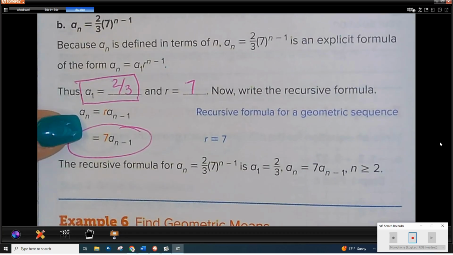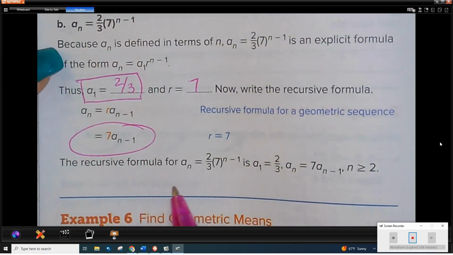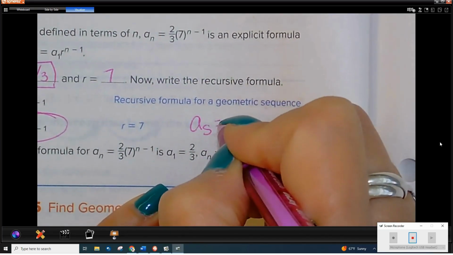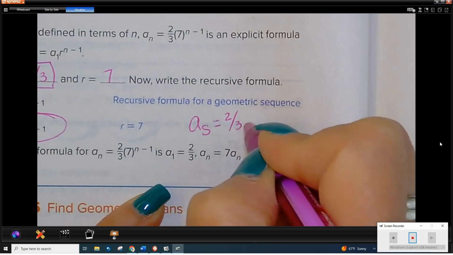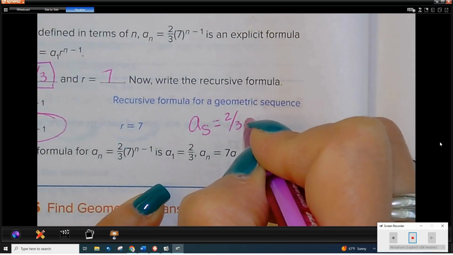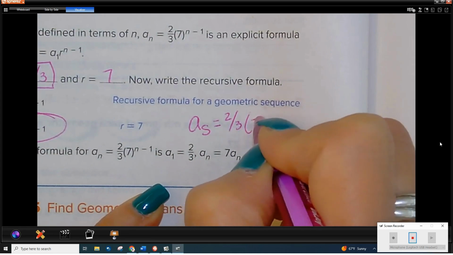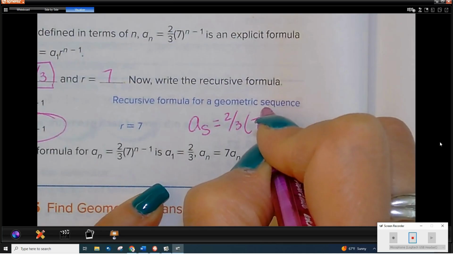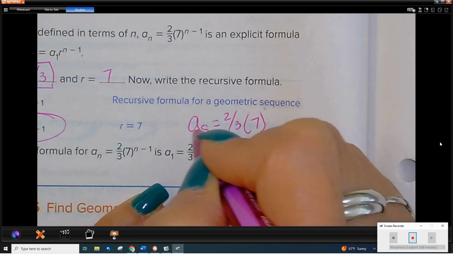So now if I want the 5th term, I'll show you right here. I start at 2/3. Then I multiply by 7. No, that's the explicit.